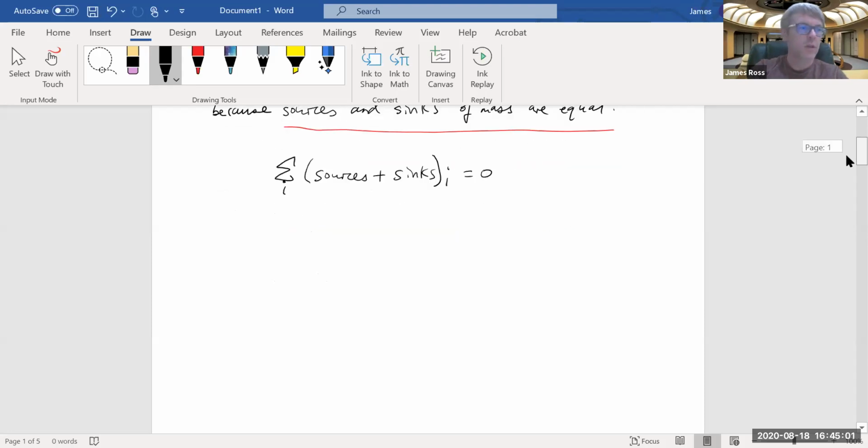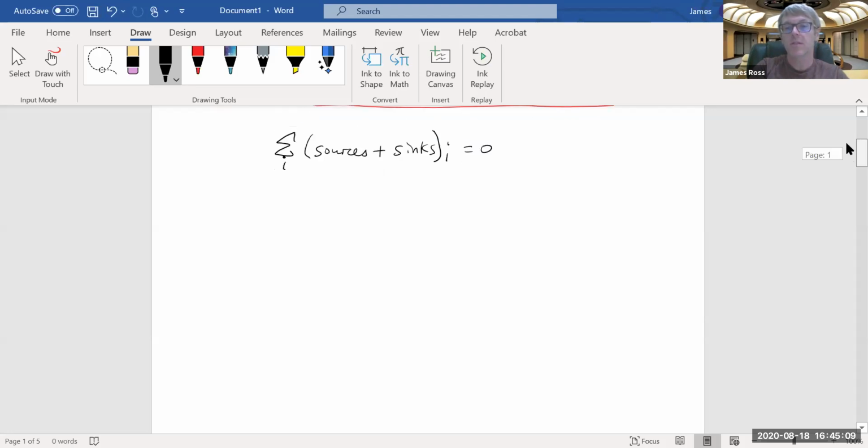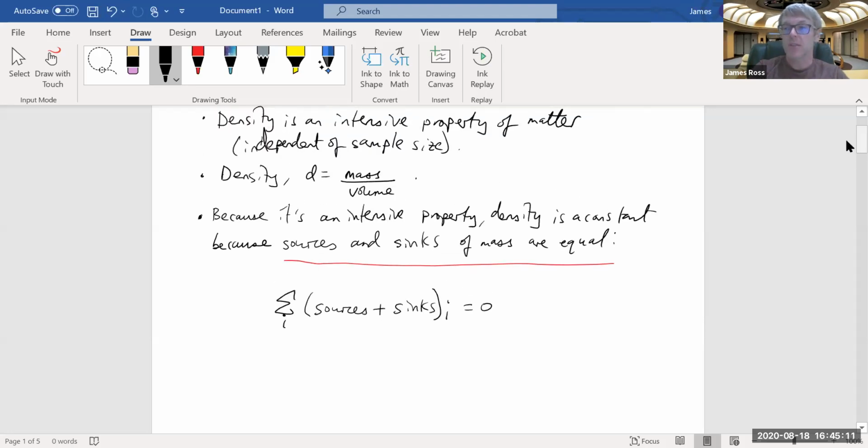so far so good. There must be a connection between density and conserved quantities. Why? Because we've just said that density is a constant. That means it doesn't change. At least the mass density in this context that's going to be useful for chemistry is a constant. So there has to be a way to describe it as a conserved quantity.